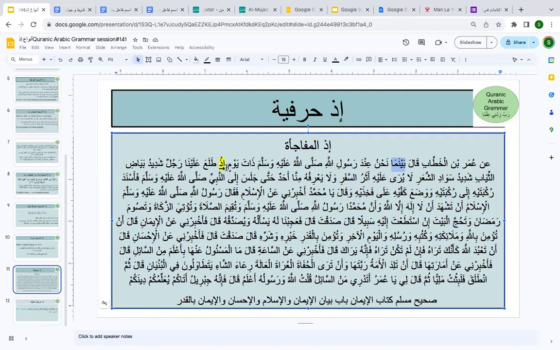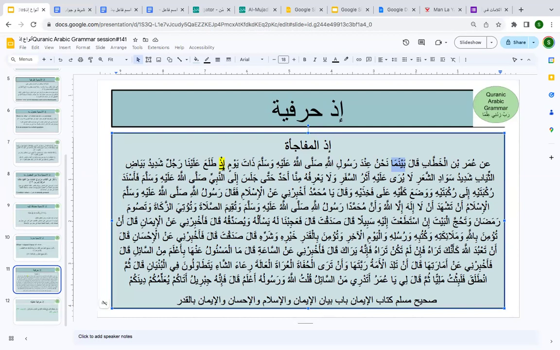Why am I going to translate idh as suddenly? The trick for that is, it is going to be following bainama. If there is a bainama before this word, which we don't see very commonly, the idh is going to be fujaya. And here you will notice that the translation is going to be like, suddenly a man appeared upon us.